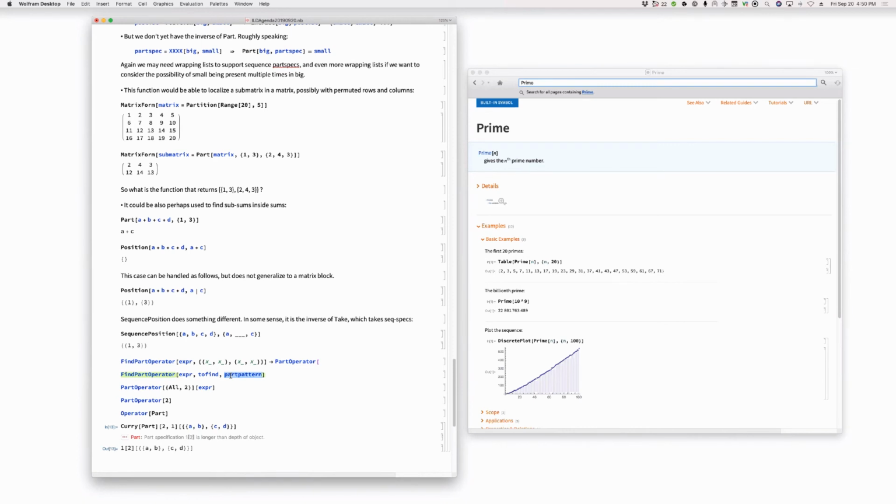So find part operator would have to have some greediness to it to do things like turn big lists into Alls and stuff like that. But probably in input we can use All, in output it would always return the list. Why?